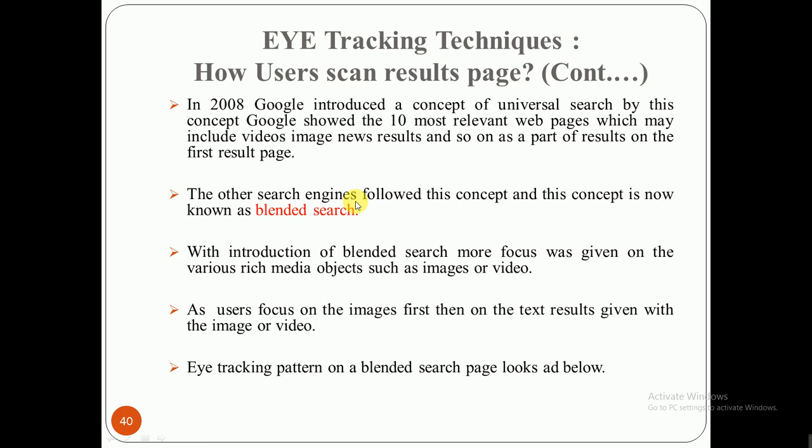So many times you may be asked, what is universal search and what is blended search? Both are the same. There is no difference, they are synonyms. With the introduction of blended search, more focus was given to rich media objects such as images and videos. So this can be helpful.